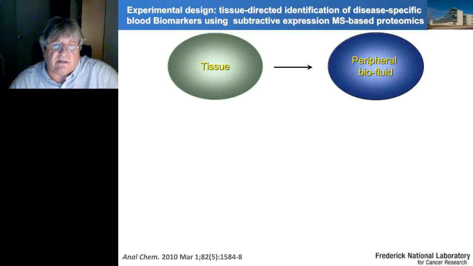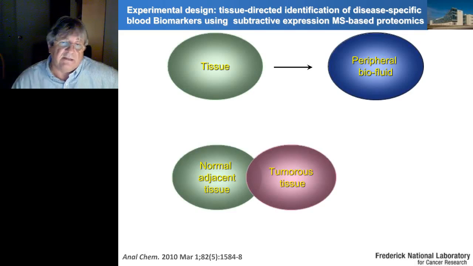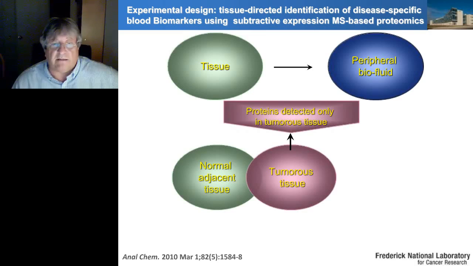We published a study in 2010, and now I'm giving another slide to be more precise about the experimental design. We are looking into the tissue and the peripheral blood. Then we do the subtractive proteomics, and we look only at the proteins identified only in the tumor, and those are the bona fide tumor proteins, which are most probably biologically relevant.